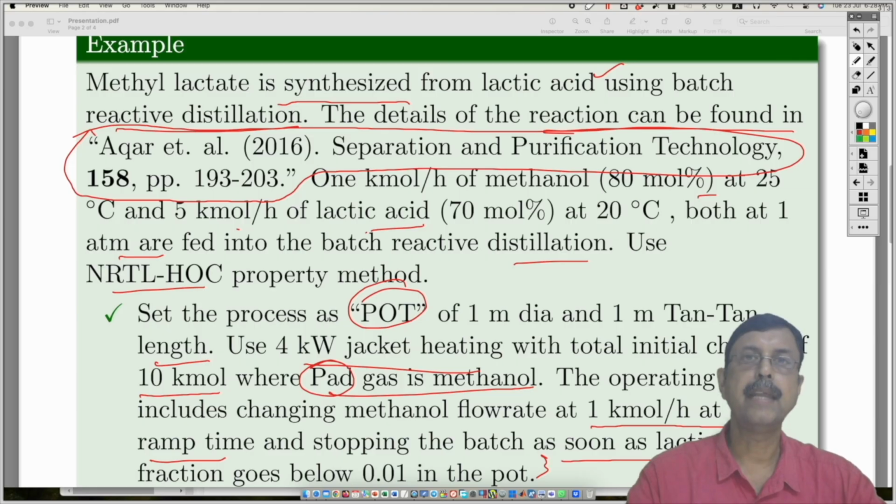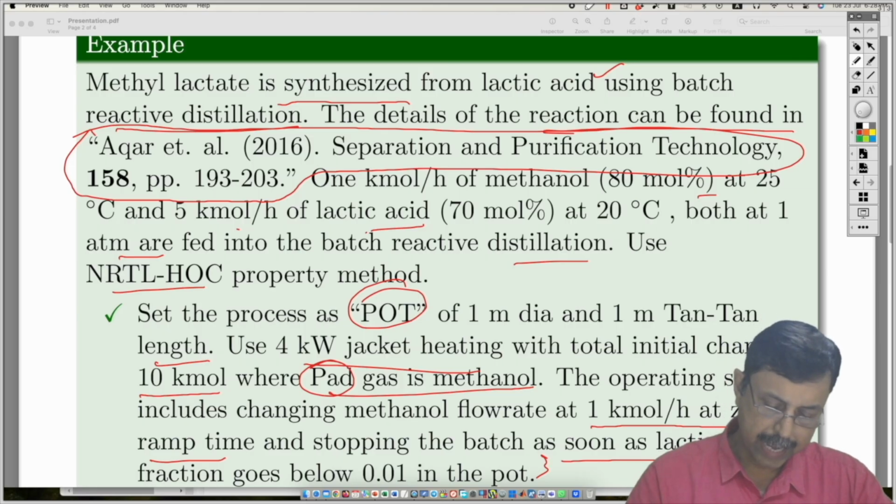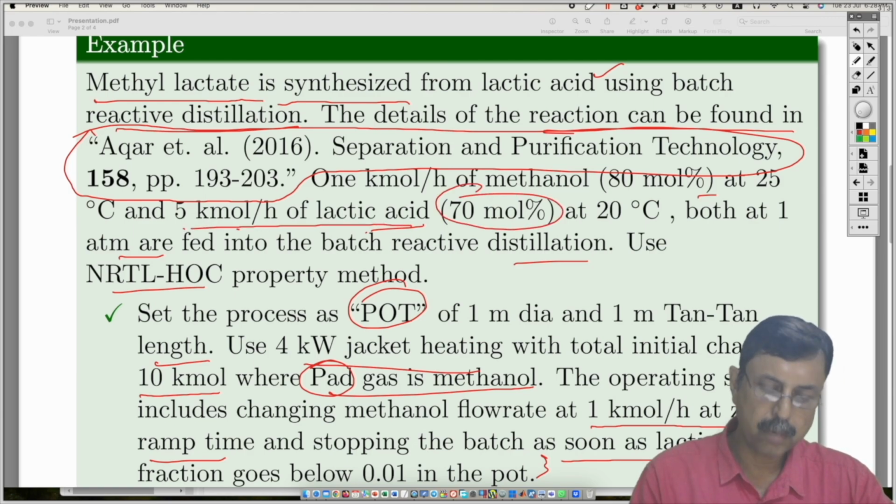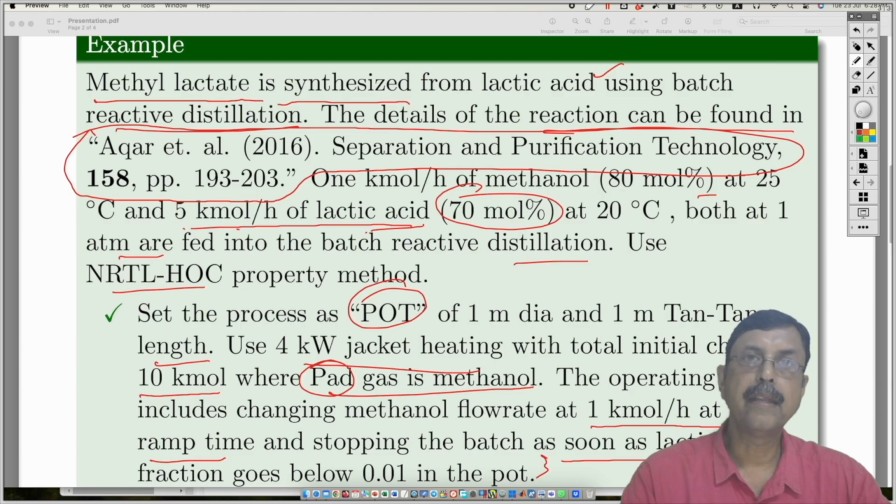Here very clearly it has been mentioned that lactic acid will be used to synthesize methyl lactate, right? And we have 5 kilomole per hour of lactic acid with 70 mole percent at 20 degrees centigrade.